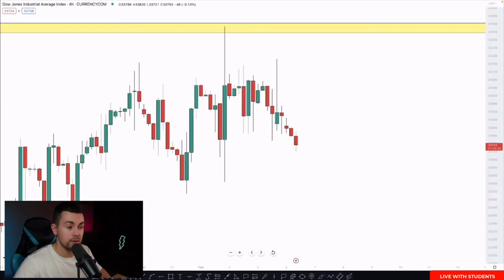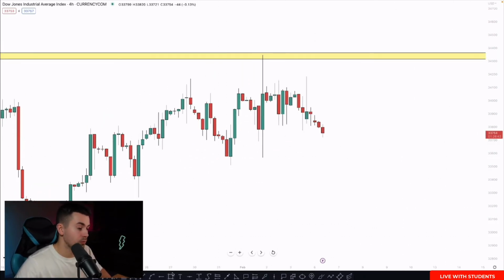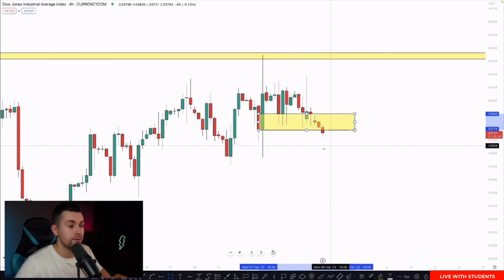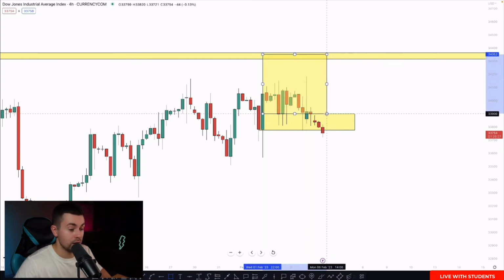What else can we spot? Now, monitoring the 4-hour time frame and analyzing the price action over here, we can spot, traders, that here we have the horizontal range. Quite a wide range. Let me underline the boundaries of that range for you. That is the resistance, and that is the support.